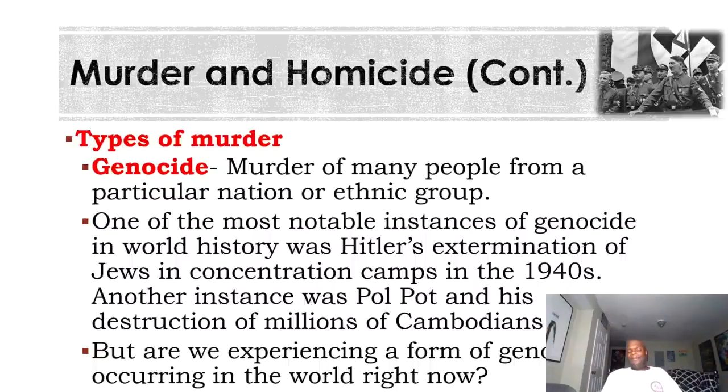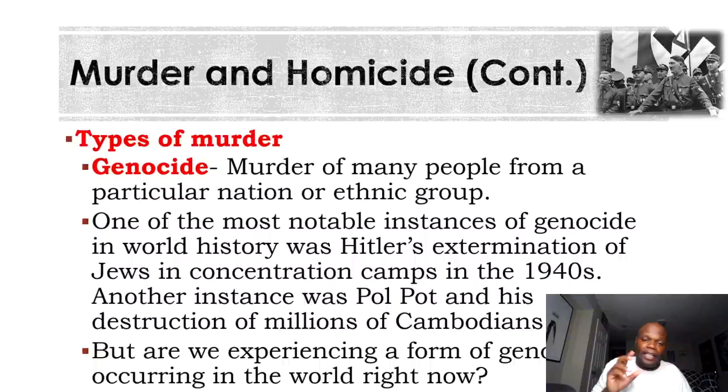So once that happened, that's when the United States got involved and World War II was raging. But typically, the most notable instance of genocide in history was Hitler exterminating Jews.